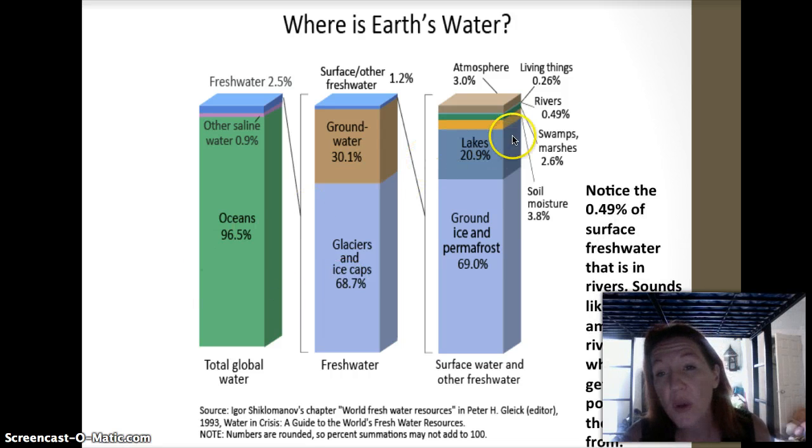Now notice the 0.49% that is on the river. This is a surface freshwater. And it sounds like such a very small amount because 0.5% out of all the water that's available. But rivers is where humans get a very large portion of their water from. So it's kind of amazing that only 0.25% does all that for us.